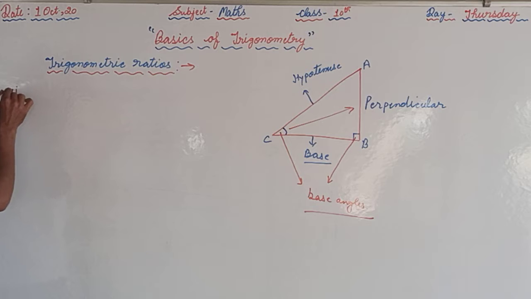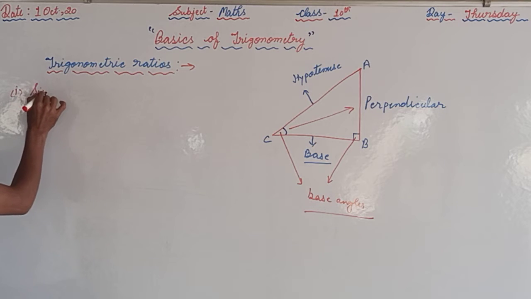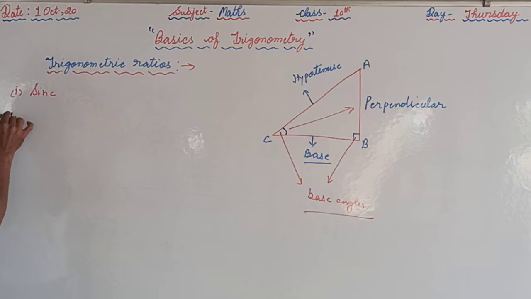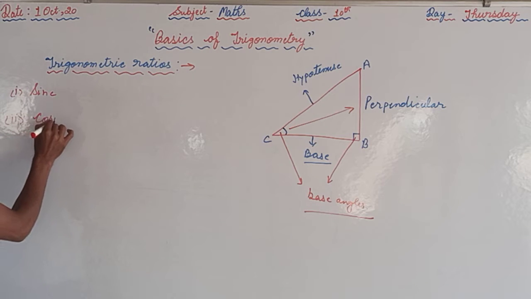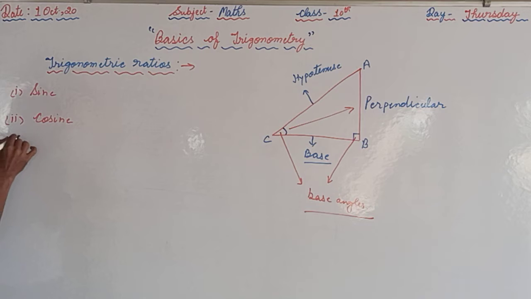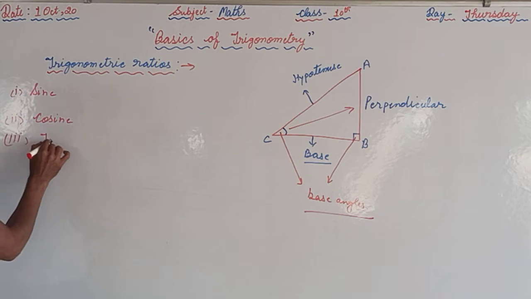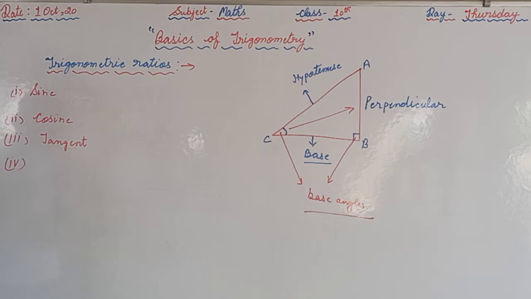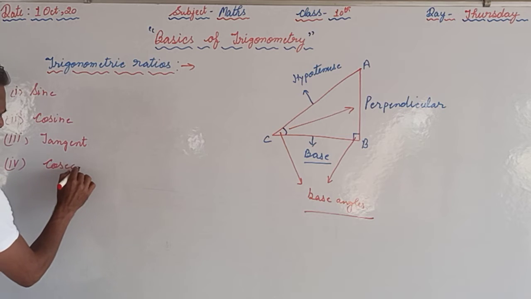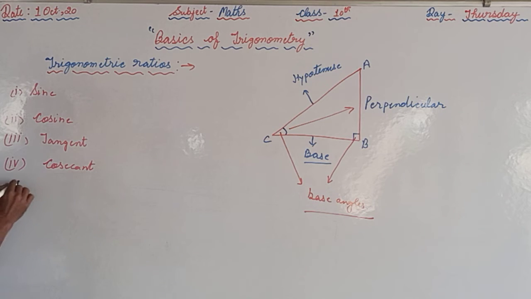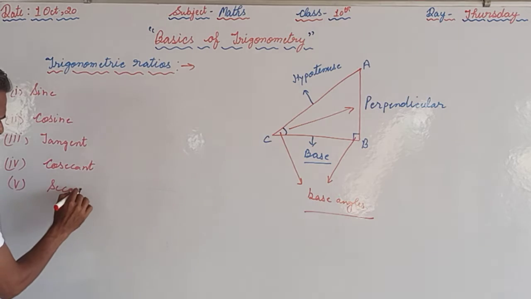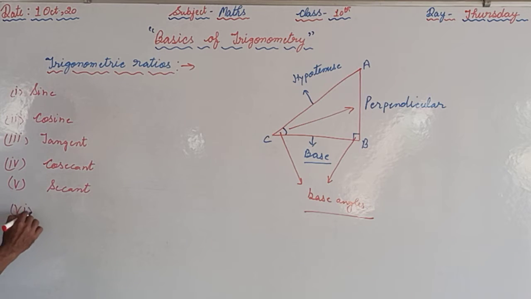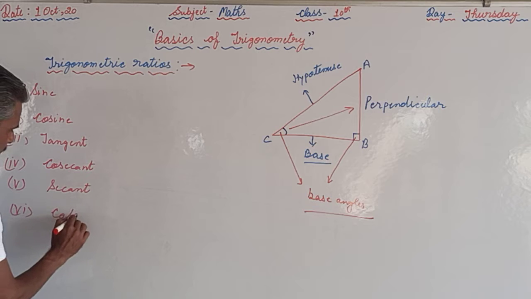So the first one is sine, second one is cosine, the third one is tangent, fourth one is cosecant, fifth is secant, sixth is cotangent.